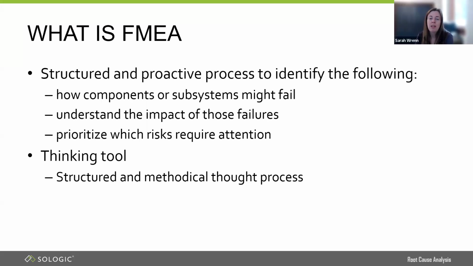Most importantly, though, FMEA is proactive. It looks ahead to try to figure out what can we do differently. It's not about waiting for the failure, it's about anticipating it. There are many ways to structure FMEA, but most follow a similar core process.